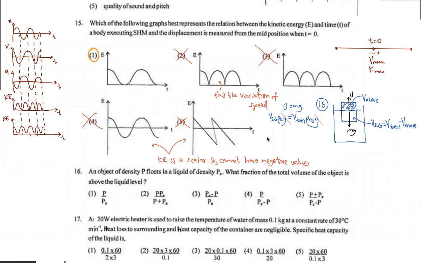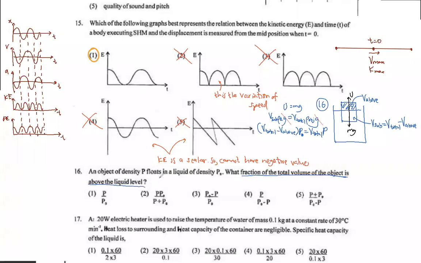Now it's time to carefully substitute the values. The submerged volume is total volume minus the volume of the object above, into the density of the liquid rho naught, equal to total volume into density of the object rho. The question is, what fraction of total volume of the object is above the liquid level?